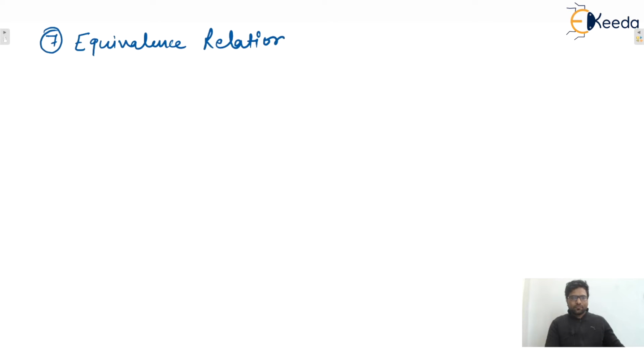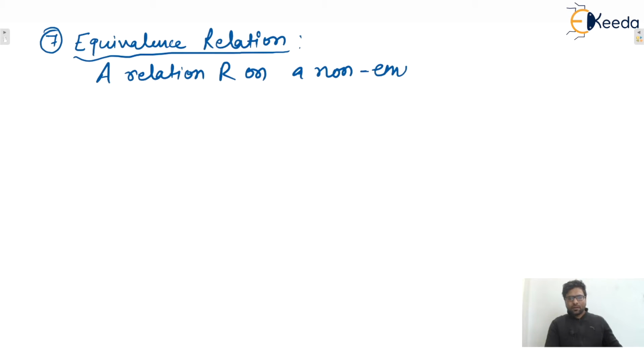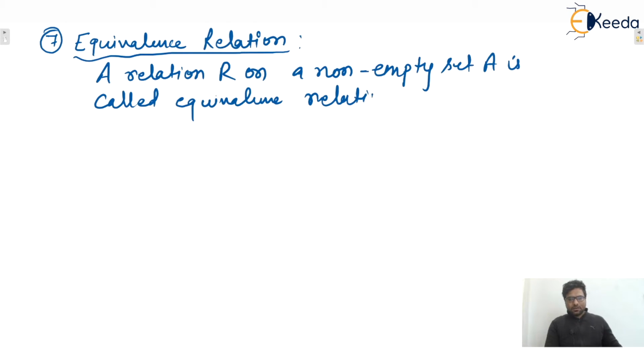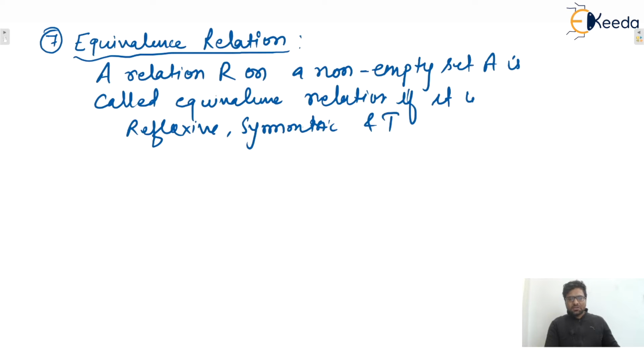A relation capital R on a non-empty set A (every relation is on only a non-empty set) is called an equivalence relation if it is reflexive, symmetric and transitive together.